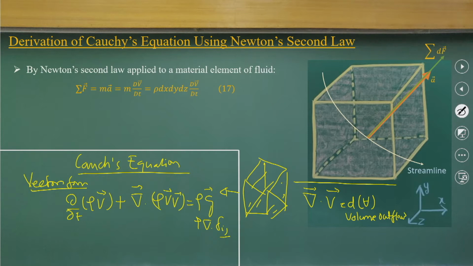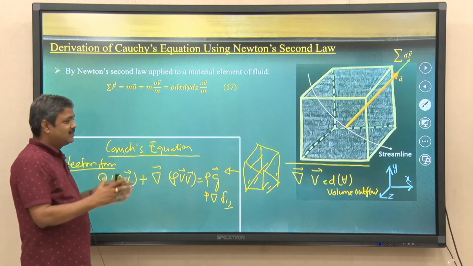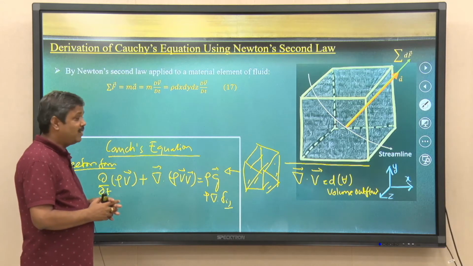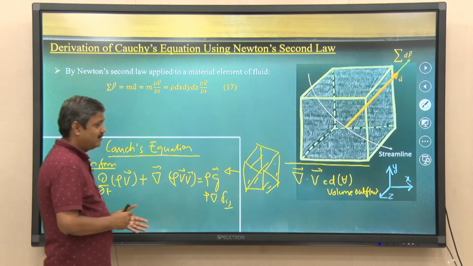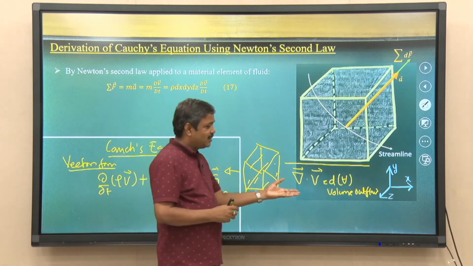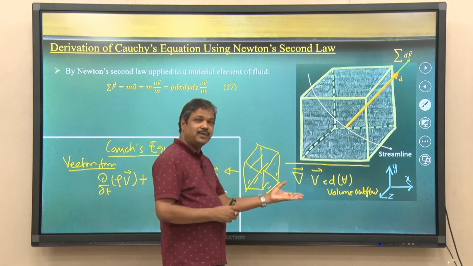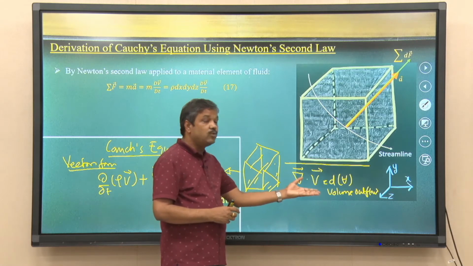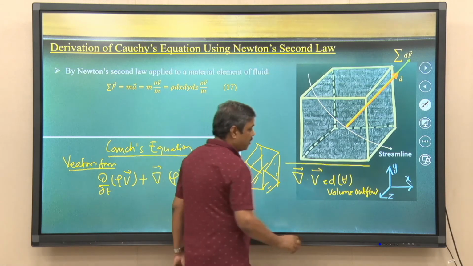The physical interpretation is the volume outflow per unit volume.